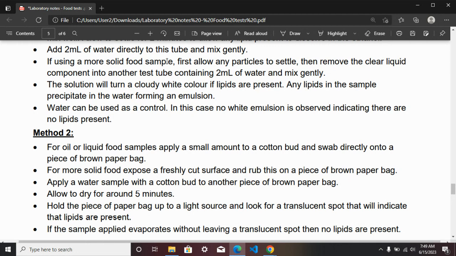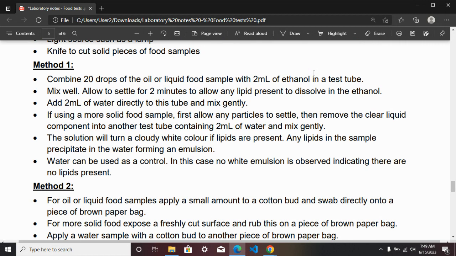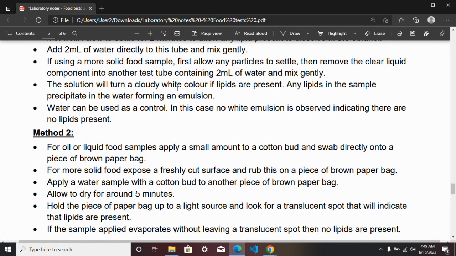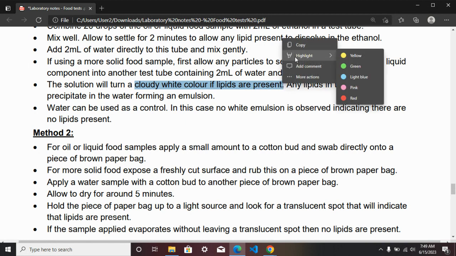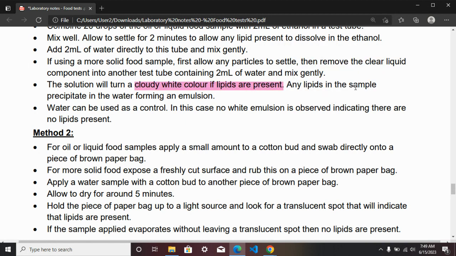If using a more solid food sample, first allow any particles to settle, then remove the clear liquid component into another test tube containing 2 milliliters of water and mix gently. Then the solution will turn cloudy white if lipids are present.